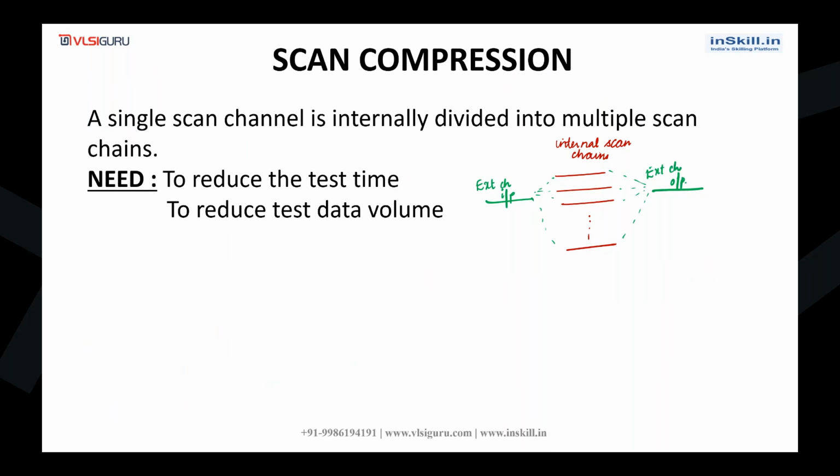And why do we need to do this? Why do we need to go for scan compression? Why do the internal chains have to be compressed into external channels? It is actually done in order to reduce the test time and also to reduce the test data volume.